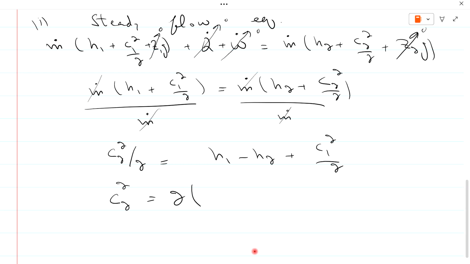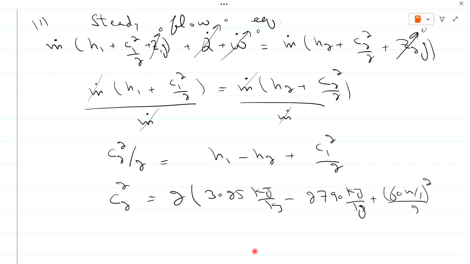The value of H1 is 3025 kilojoule per kg minus the value of H2, 2790 kilojoule per kg, plus C1 square. The value of C1 is 60 meter per second, squared, divided by 2.